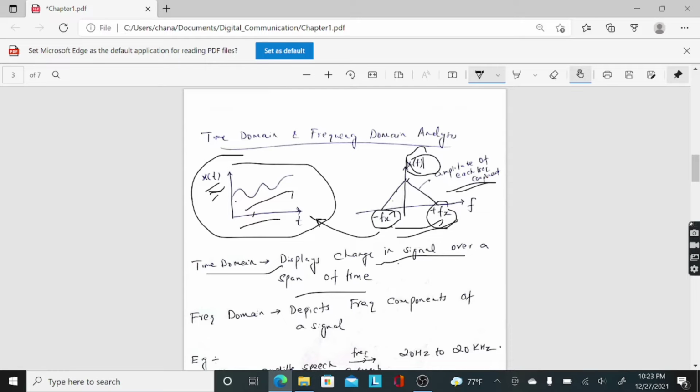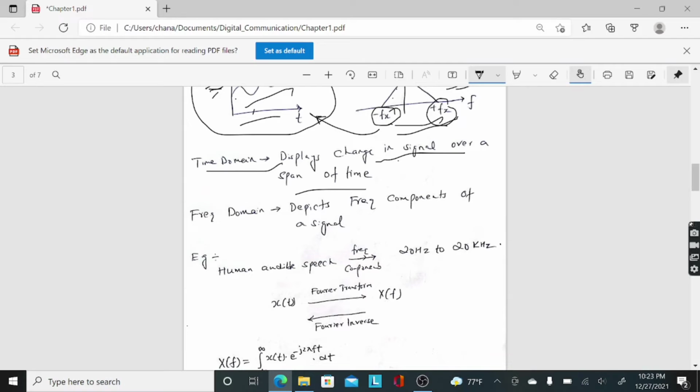To understand that a little better, let me give an example of human speech. We all know our audible speech ranges from 20 hertz to 20 kilohertz, which means any sound that I can hear or have ever heard in my lifetime, whether it's my speech or a band, a Beatles music or some instrument, if I could generate sinusoidal audio frequencies from 20 hertz to 20 kilohertz, I could combine them in various combinations and generate every possible sound that I can hear.